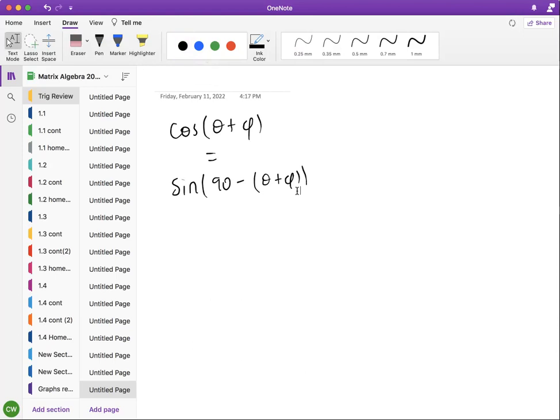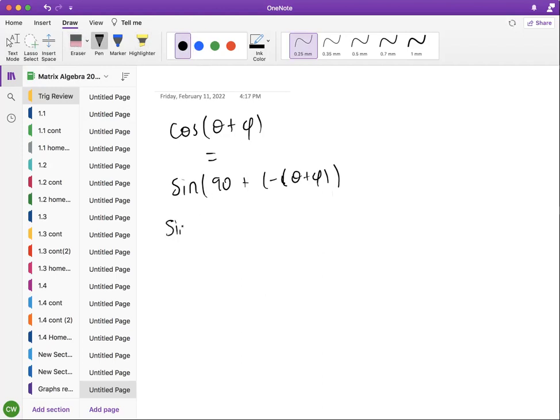And we do have a sum angle formula for sine. Actually, let's write this a little differently. Let's say this is plus negative theta plus phi, because we didn't talk about difference, but it works the same way.